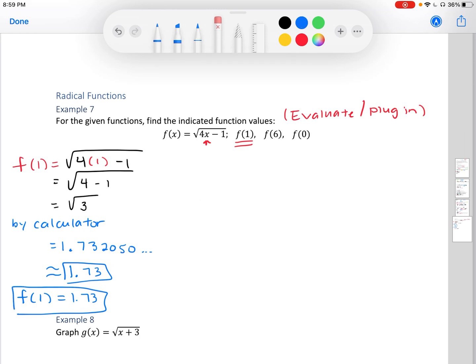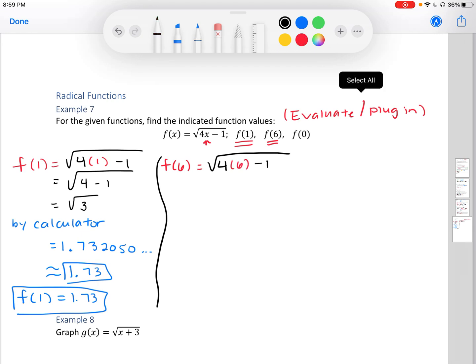All right, let's go ahead and do f of 6. The square root of 4, and instead of x, we're going to write 6, minus 1.